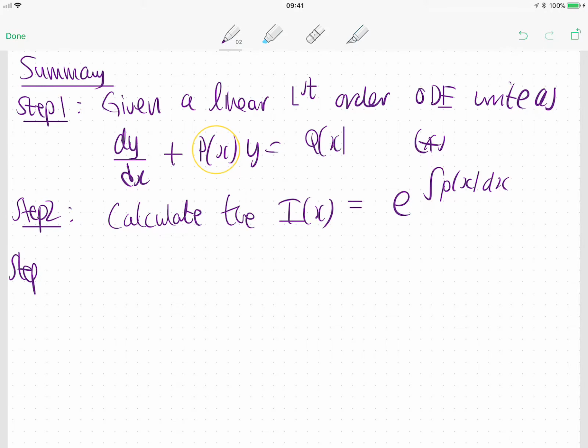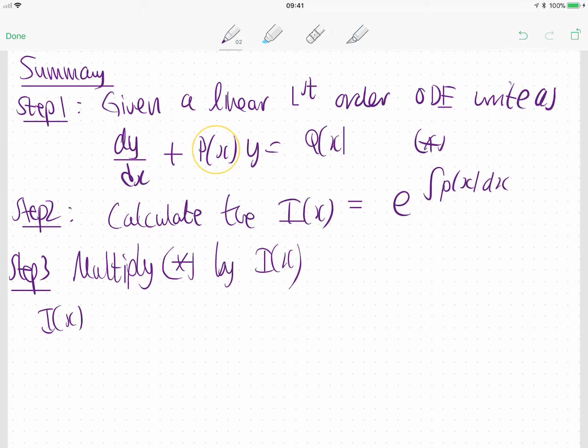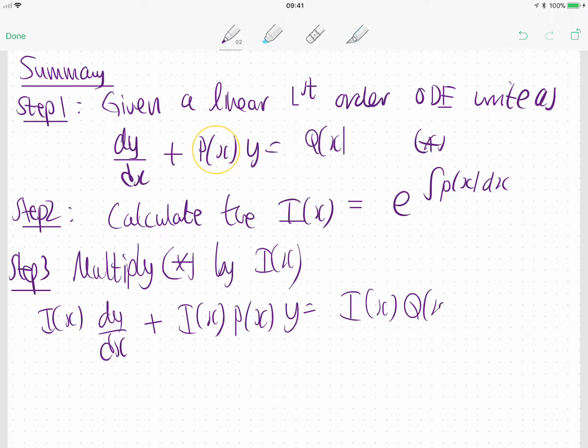Step 3. Okay, we saw the whole idea of the integrating factor is we multiply the general form by the integrating factor, and something nice happens. So multiply the general form by I of x. In your case, you're going to have some functions to deal with. In my case, I'm just using p's, q's, and i's.